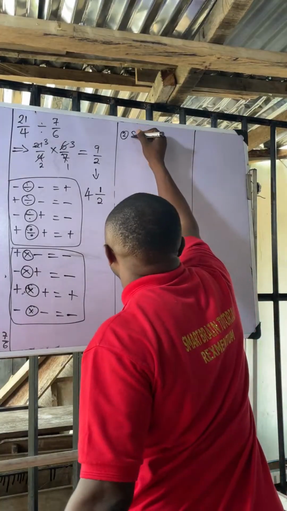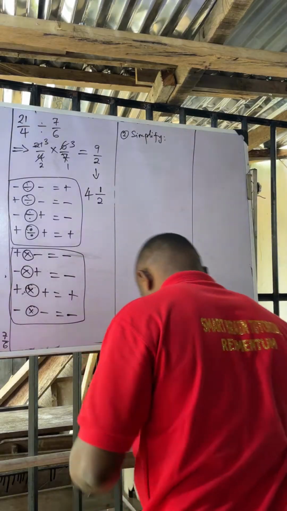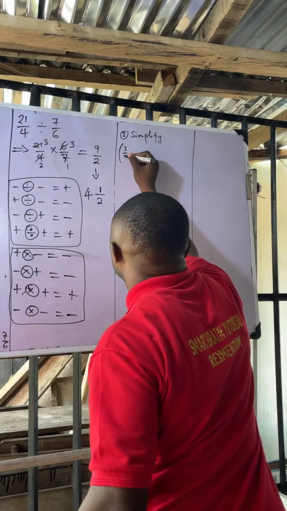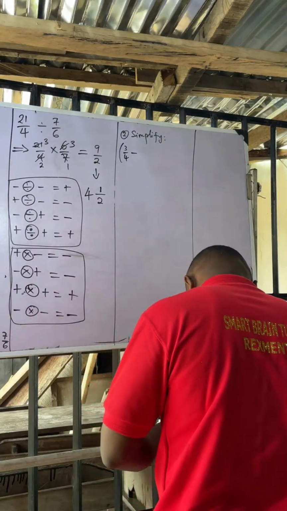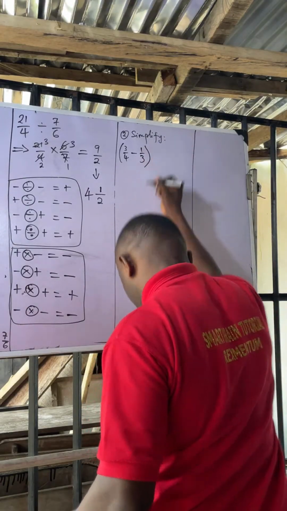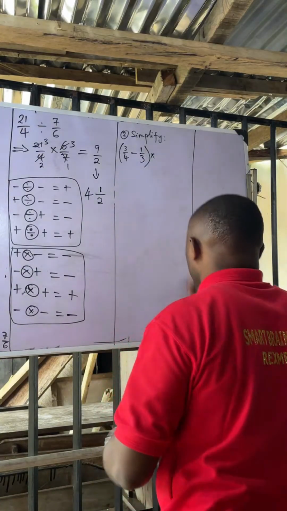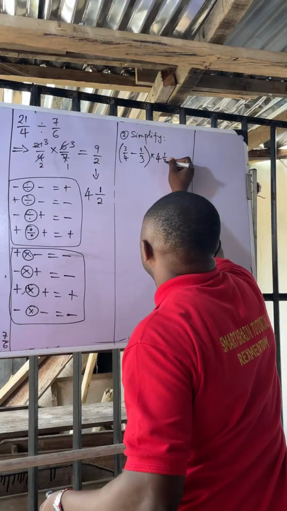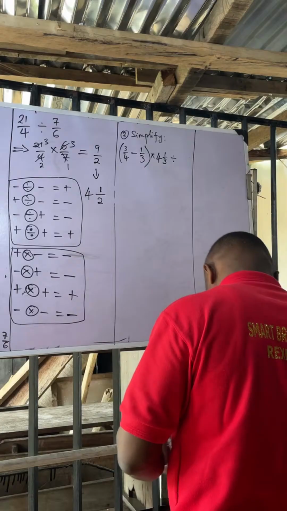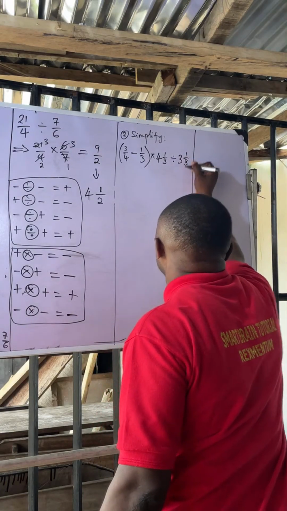We're asked to simplify bracket 3 over 4 minus 1 over 3, times 4 whole number 1 over 3, divided by 3 whole number 1 over 3.